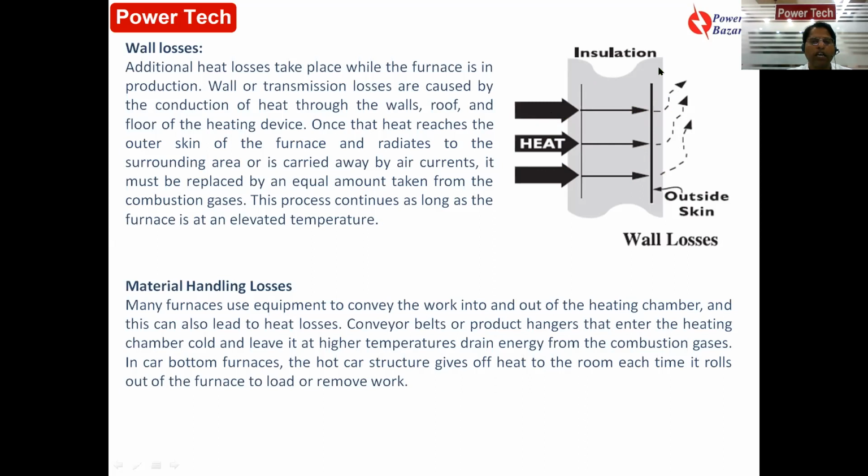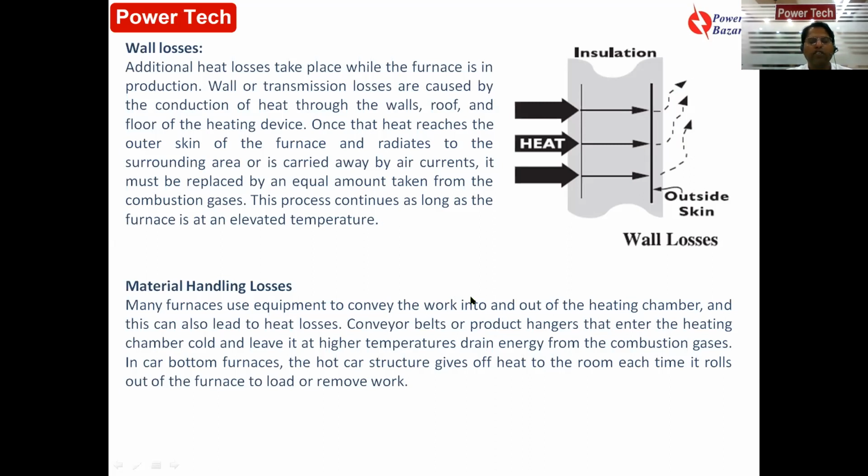Because it is a hot temperature, there will be some radiation loss. Now if some air velocity is there, this air will get heated up and also get cooled, due to which there will be some convection losses. Once the heat goes out due to radiation and convection, more heat will be taken in again. So this is a continuous process, so there will be some wall losses.